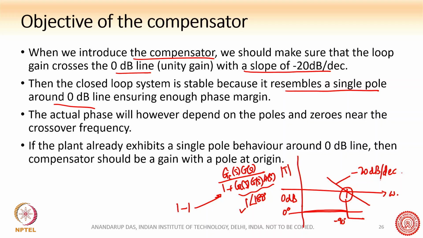So you have a minus 90 degree fall in the phase, right? So therefore you will have a lot of phase margin. You are far away from the minus 180-degree line, right?